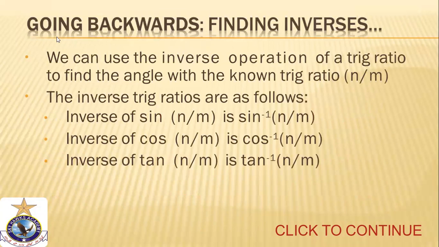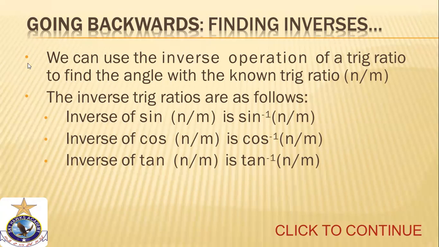Now going back, please read this one. Going backwards, finding inverses. We can use the inverse operation of a trig ratio to find the angle with the known ratio n over m.